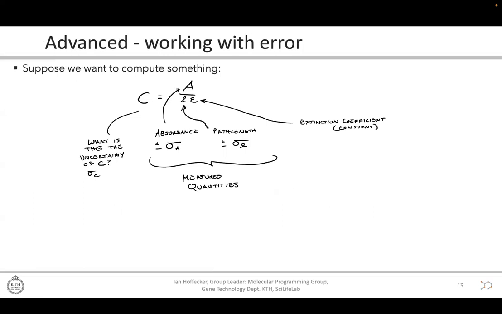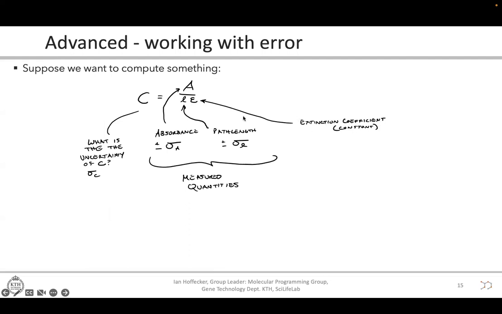Okay, so that's Gaussian error. But let's say we have an experiment where we're computing something based on measured values. A good example of this might be concentration, where we're using the Beer-Lambert law to estimate concentration. The Beer-Lambert law is a function of absorbance and path length, and then you have some parameter, the extinction coefficient.